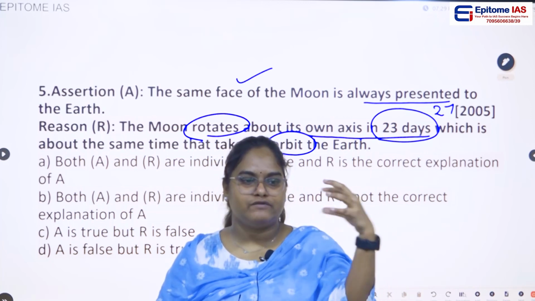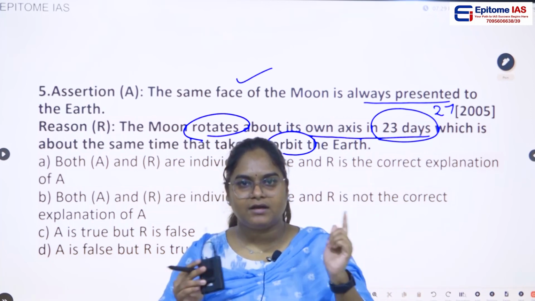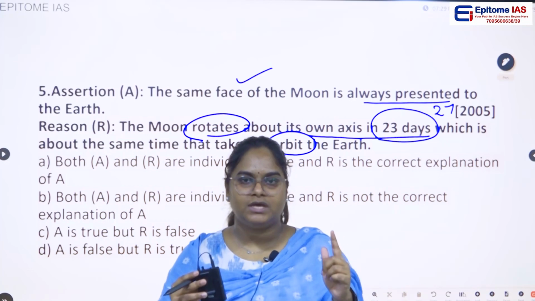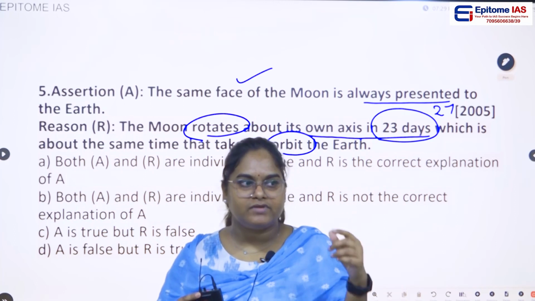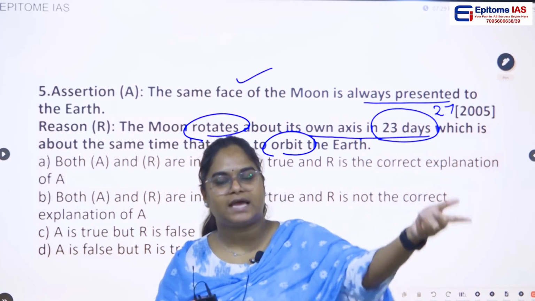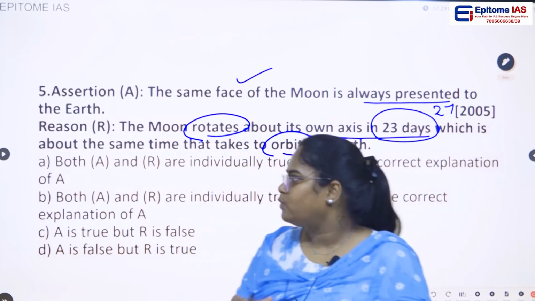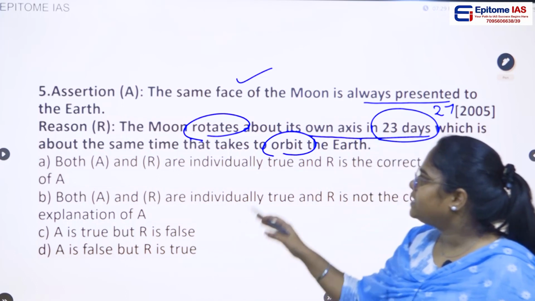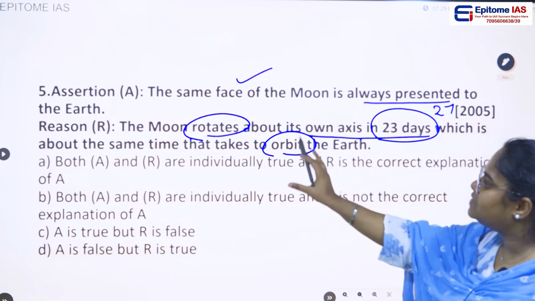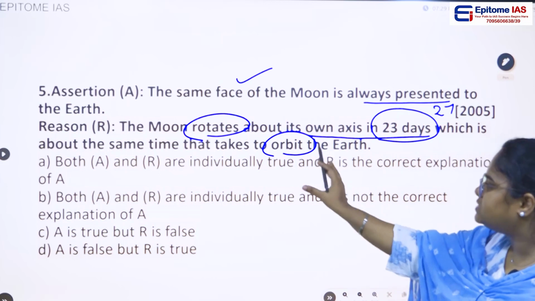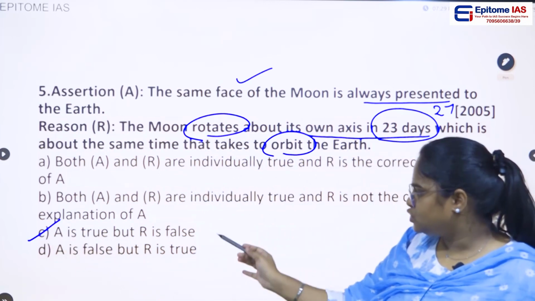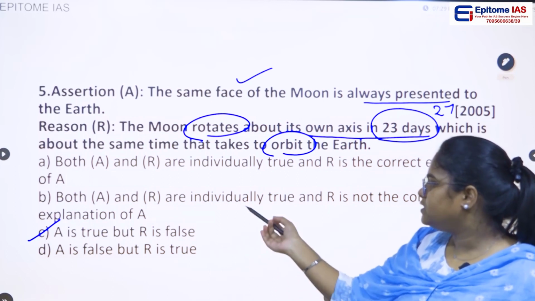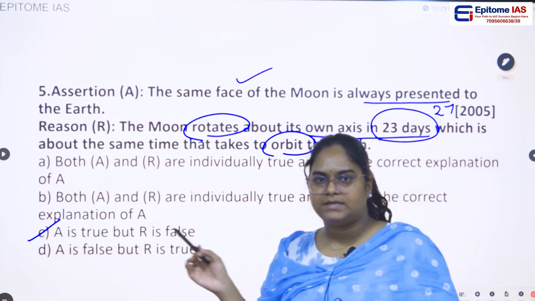That's why we are not able to see the other side of the moon. So what would be the correct answer? The assertion is right, but the reason given here is a wrong statement. So option C, A is true but R is false. This would be the correct answer.